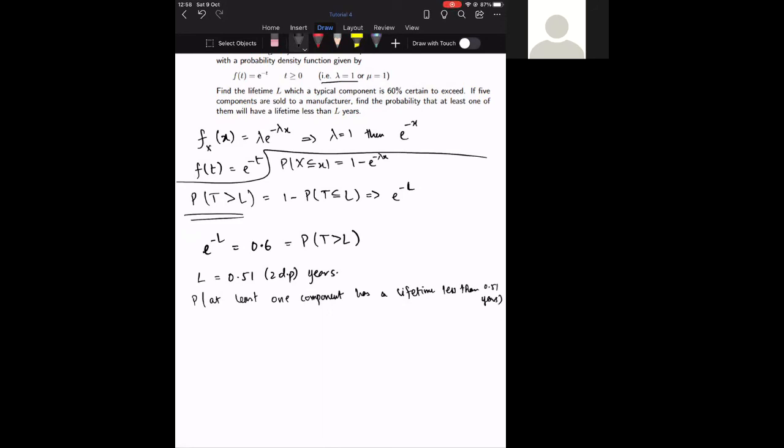Well, we can say that this is equal to 1 minus the probability that no component has a lifetime less than 0.51 years.